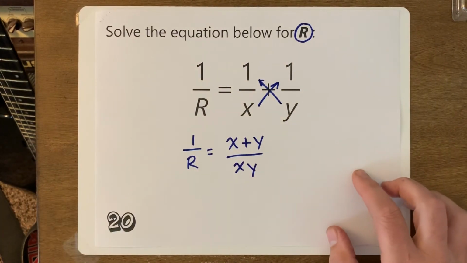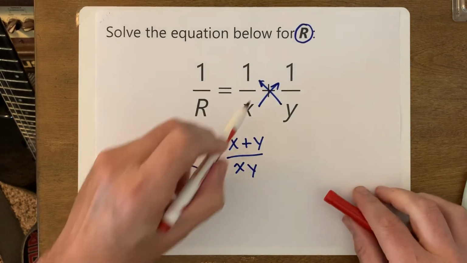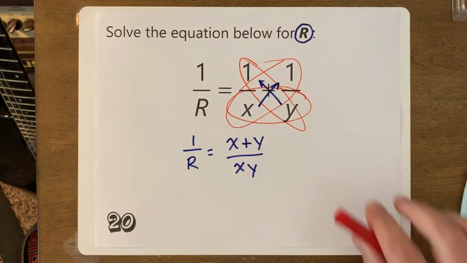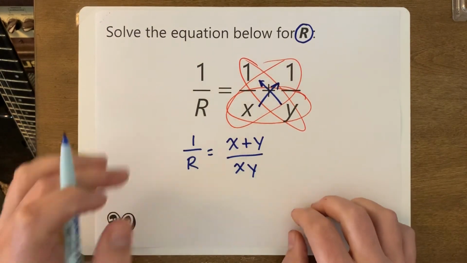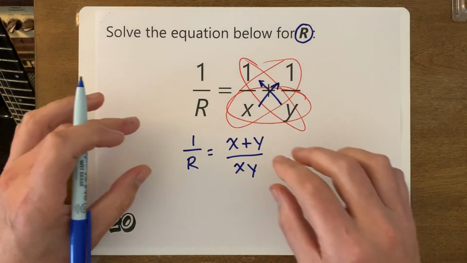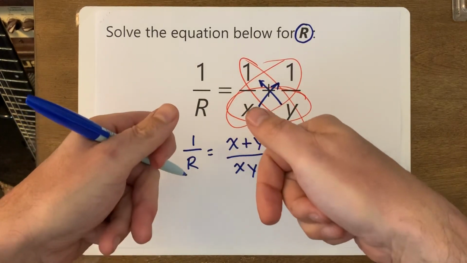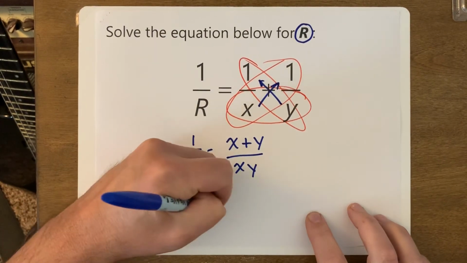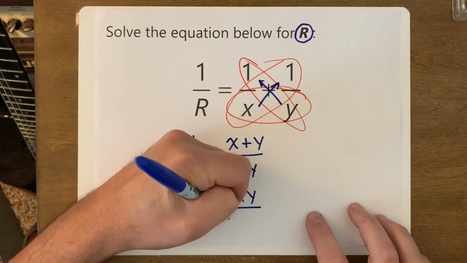They call it the butterfly method because really what you're doing is this, this, and then this to add two fractions together. So where are we at? We have a 1 here. One nice thing you can do with proportions like this is take both sides and flip them. So you can put r over 1 equals xy over x plus y.